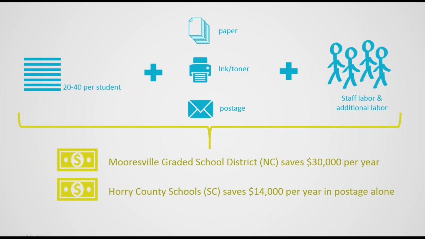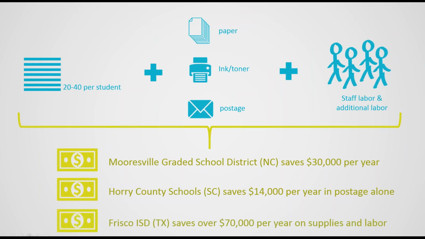Evaluating their expenses for a paper-based student registration system allowed them to see where funds were going and provided insight on where there are opportunities to save money and improve efficiencies. So it's important to take yourselves through that process. In Frisco, they did that math, and they found out they currently save over $70,000 every single year that was attributed to supplies and labor of that paper registration process.